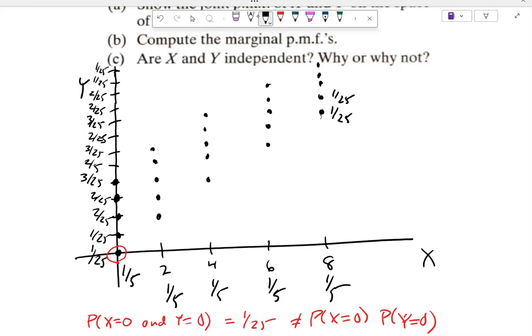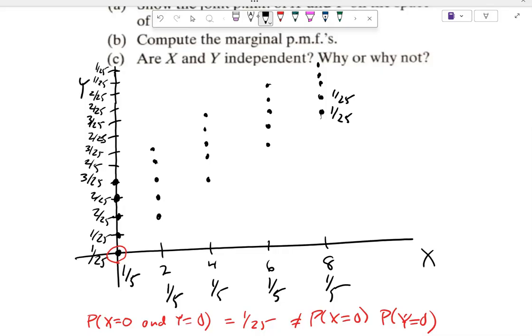So they can't possibly be independent unless your sample space is rectangular, right? I have to have basically an equal chance for your x's happening as you do for your y's happening. If it's not rectangular, you really have some sort of dependency between the two. So first off, if it's not rectangular, they can't be independent. Now, just because it's rectangular doesn't mean that it is. But if your sample space is not rectangular, they're automatically dependent.